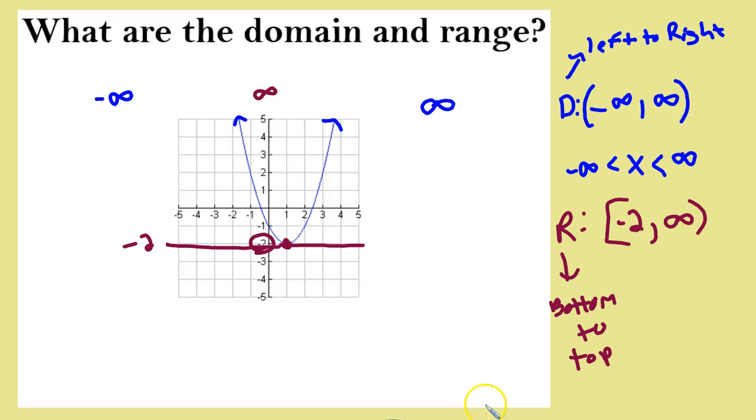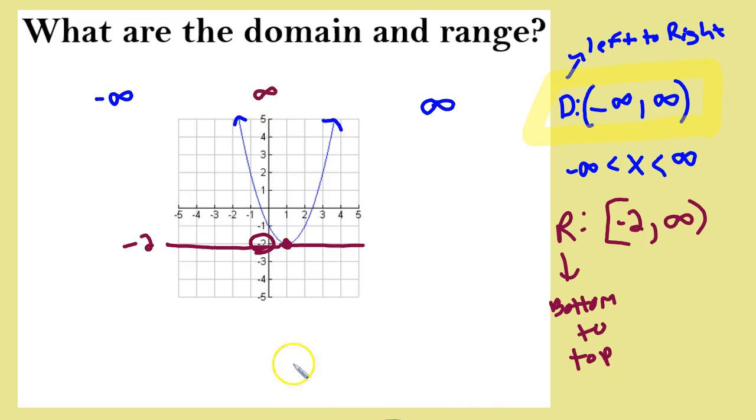And you'll notice something with these types of functions, that the domain is consistently going to be -infinity to +infinity. And the range is consistently going to be from the vertex to +infinity.